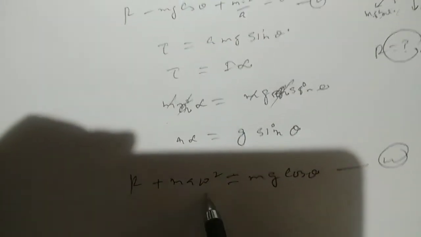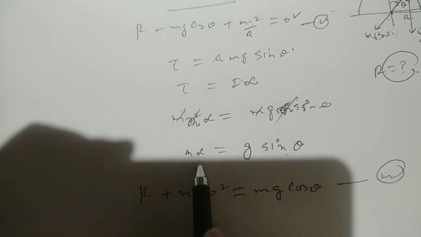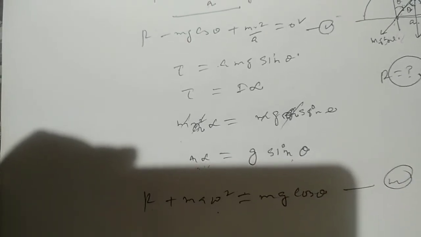Now from here, what I need to calculate, if this omega square is known to me, then I will get this R. But from this equation, omega is somewhere higher. So if I look at this equation, I can write it as my alpha will be g by a sine of theta.